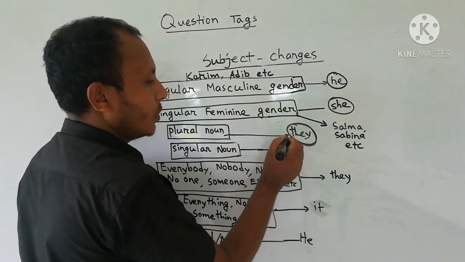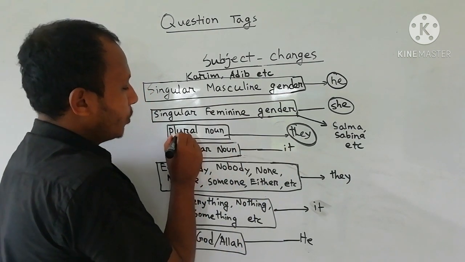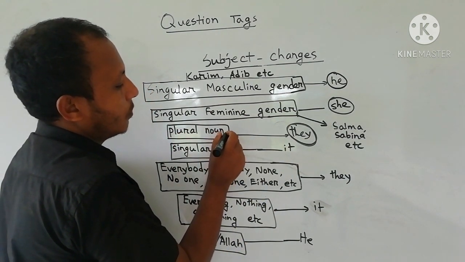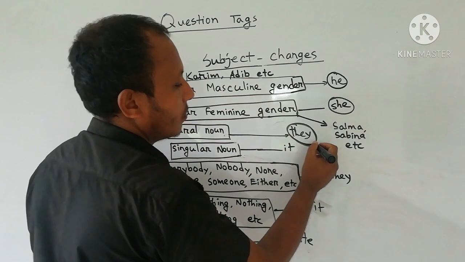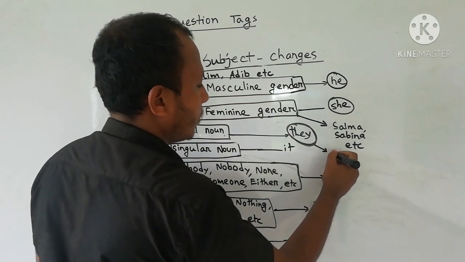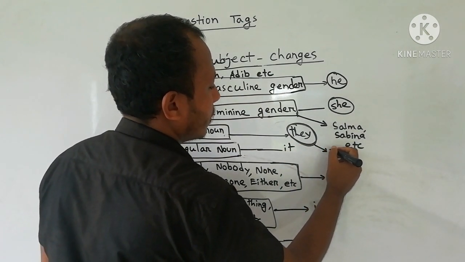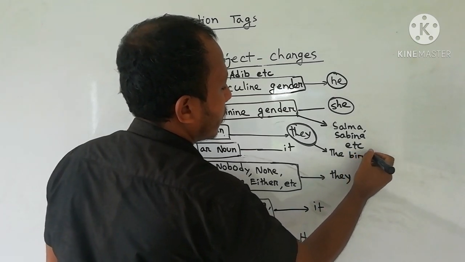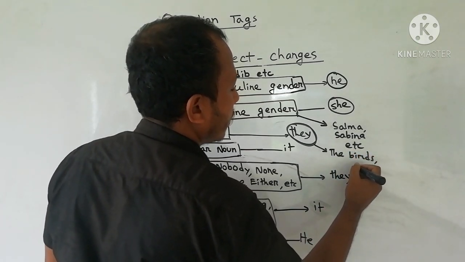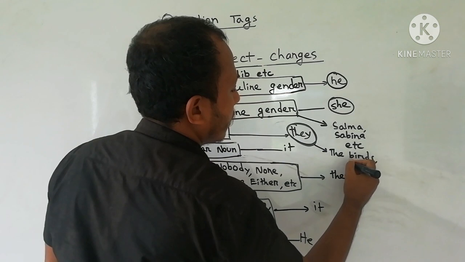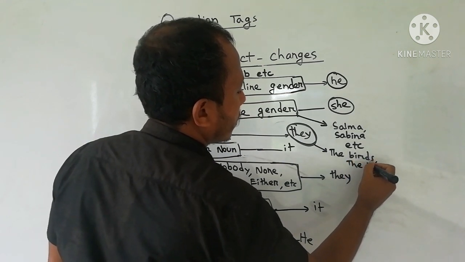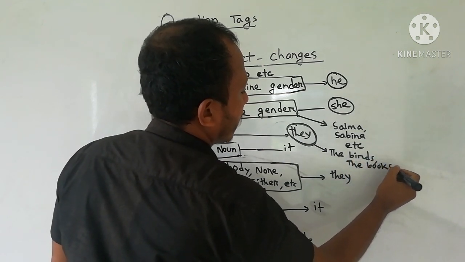This pronoun will be used for plural noun, for any kind of plural noun. For example, the birds, the books, etc.